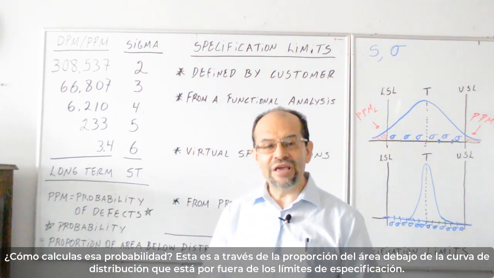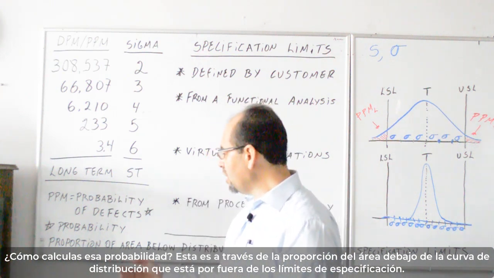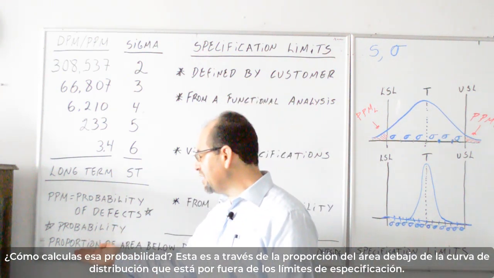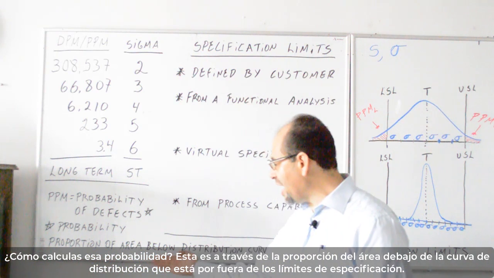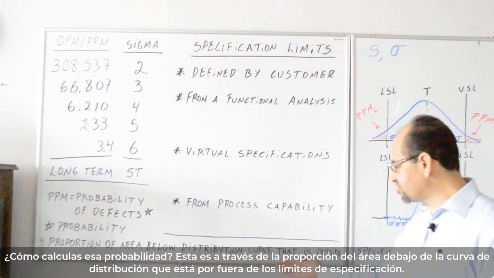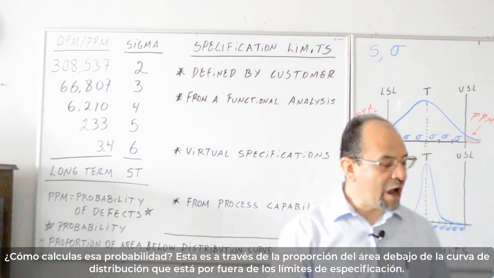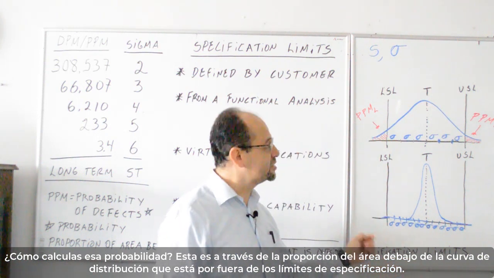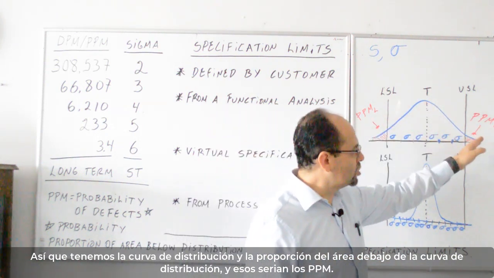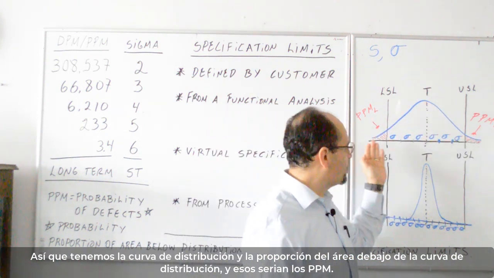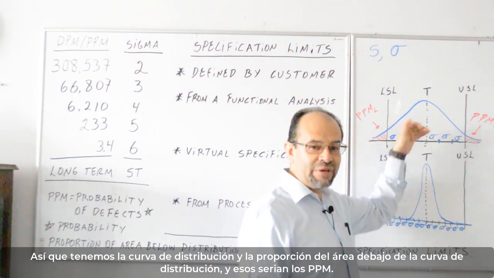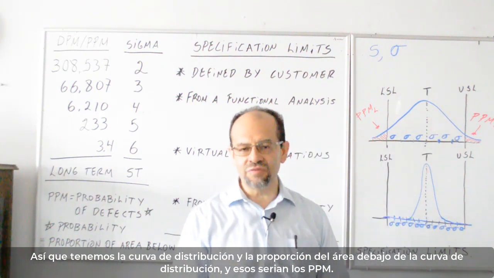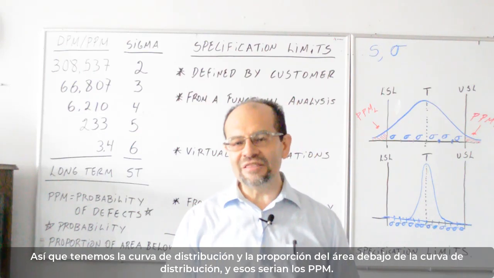How do we calculate that probability? It is calculated through the proportion of the area below the distribution curve that is outside the specification limits. So we have the distribution curve, and the proportion of the area below the curve outside the limits will be the PPMs.